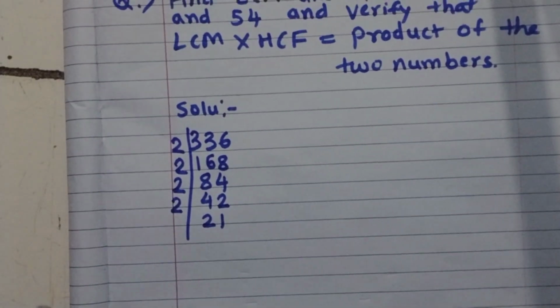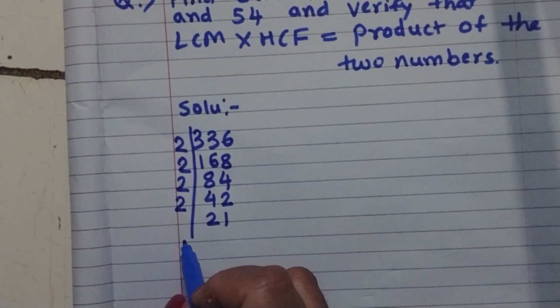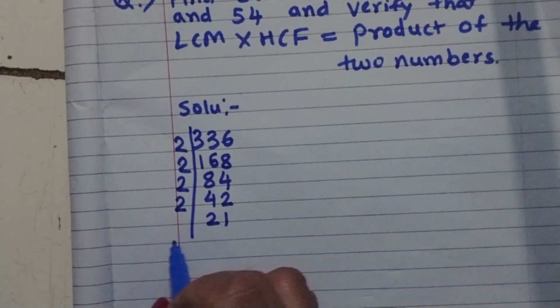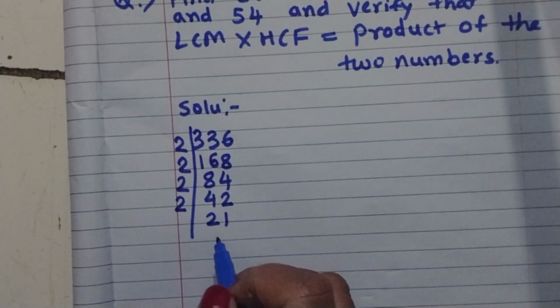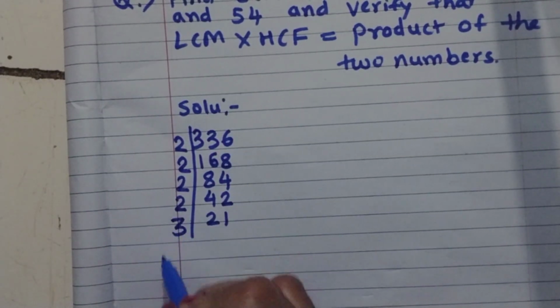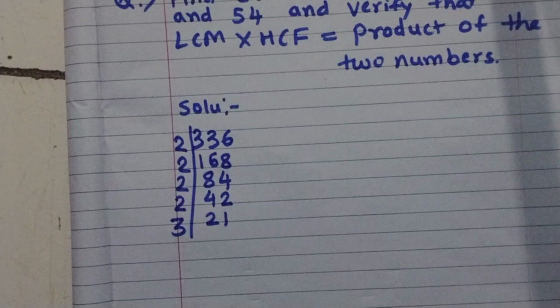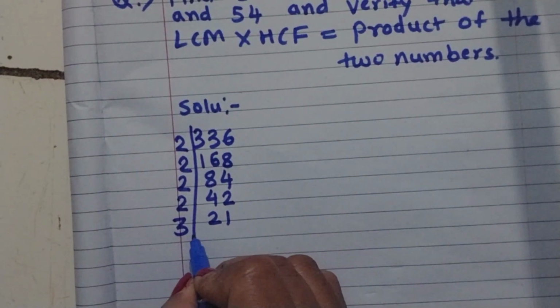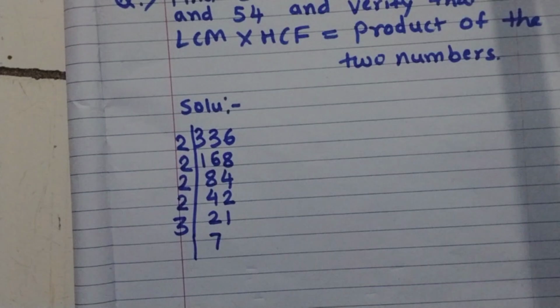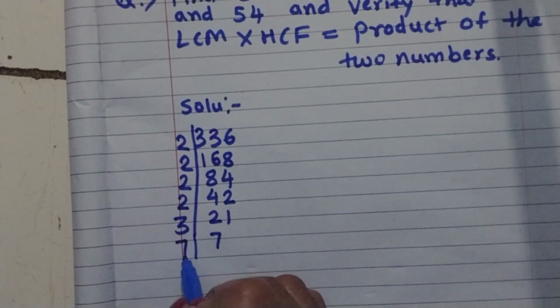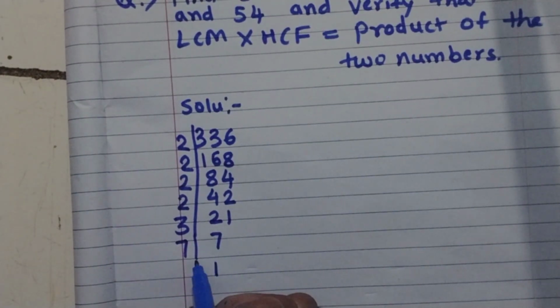Now again we start from 2, but division is not possible with 2. Next prime number is 3. When 21 is divided by 3, because division is possible, we get 7 as quotient. We write 7 below 21. Now 7 is prime number, so 7 is divided by the number itself. When 7 is divided by 7, we get quotient as 1.